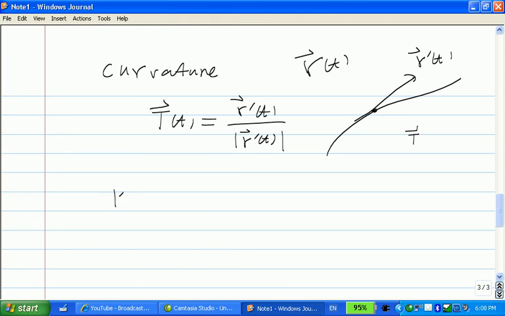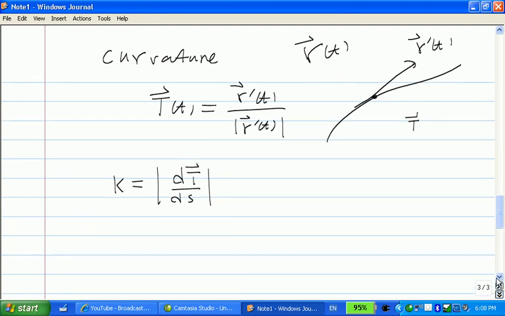The curvature of a curve is defined by the magnitude of dT/ds, where capital T is a vector. You take a derivative, still a vector, and so we take its magnitude, which gives you a scalar. Think about a curve here.